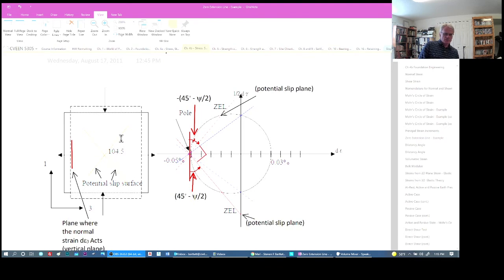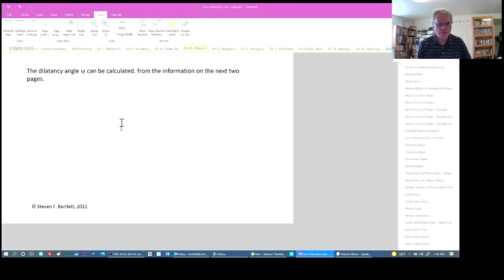But these are the potential slip surfaces, and we can get their orientation from the Mohr circle of strain. So let's work through this. Let's first find the definition about where these occur. Let me zoom out just a touch here.